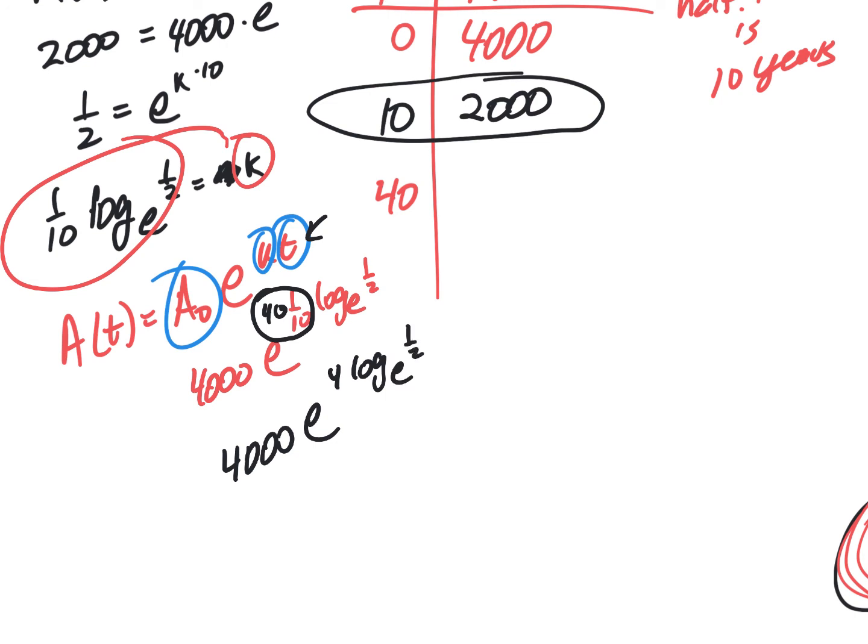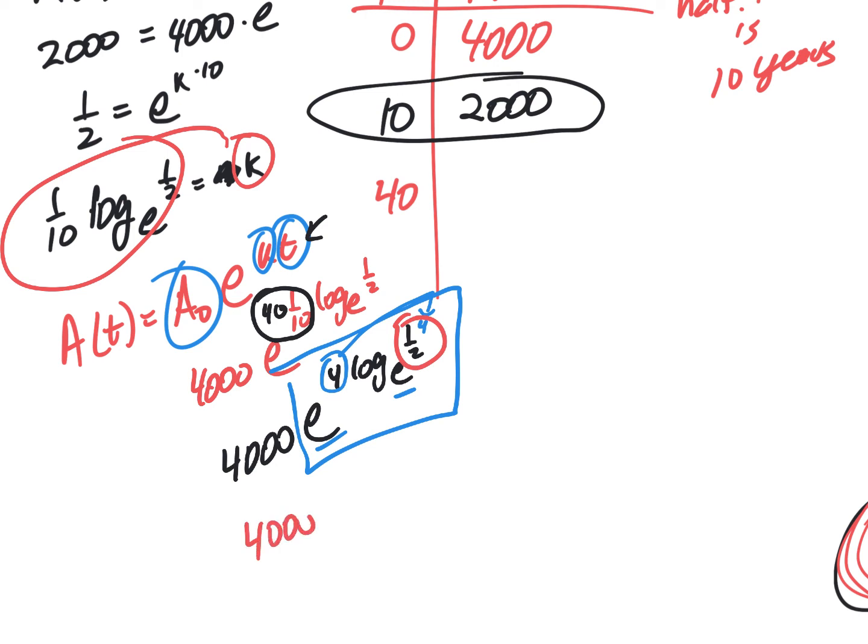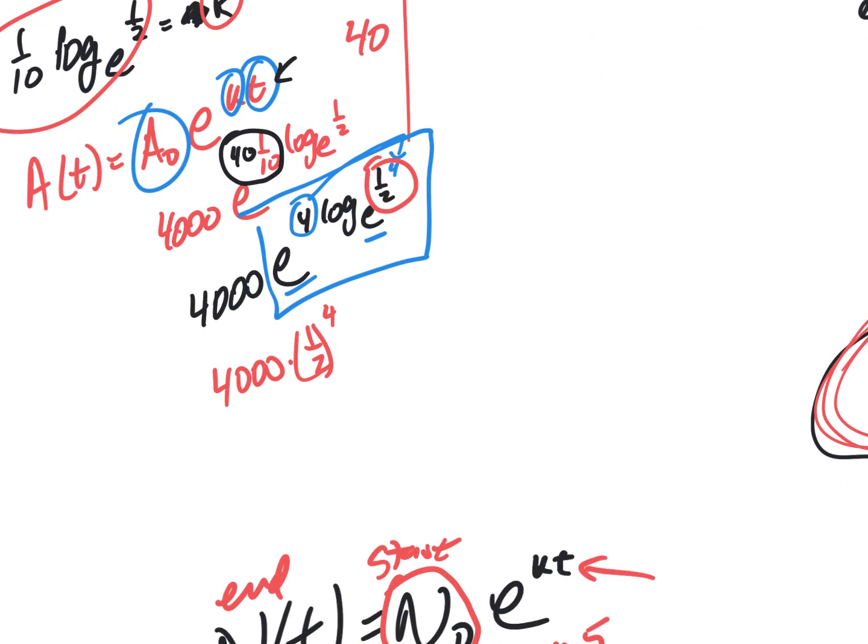Now this might be where some of you messed up. That 4 goes up here. And then I realized that this and this are the same, and so the answer to that is the exponent right there. So now it's 4,000 times 1/2 to the 4th. Since we used very similar numbers to last time, this is again 1/16.